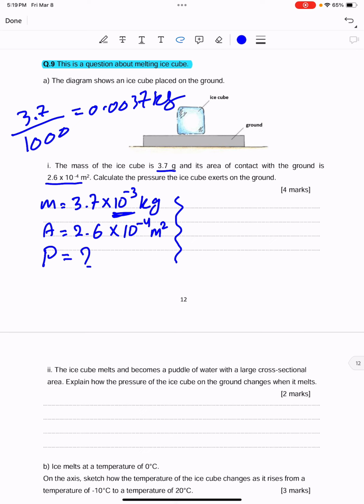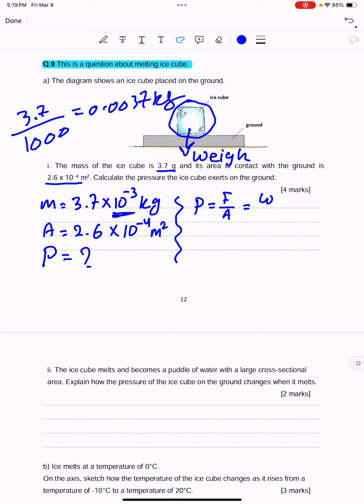Now we know that P for solid objects is F over A. It's the force applied or acts on a certain area, right? So the force here, the force that this cube is exerting on this ground, is its weight.